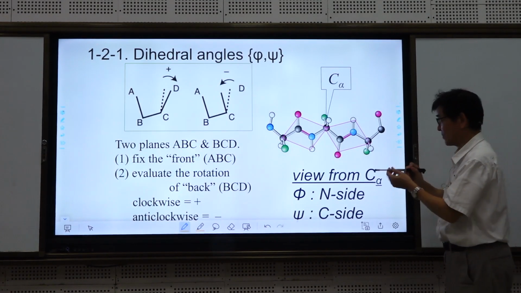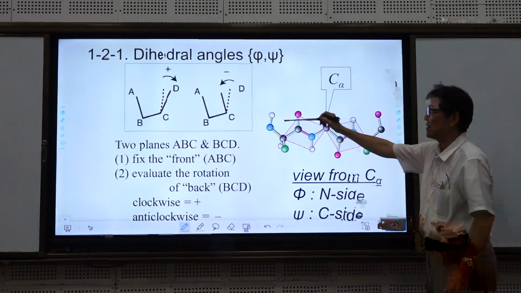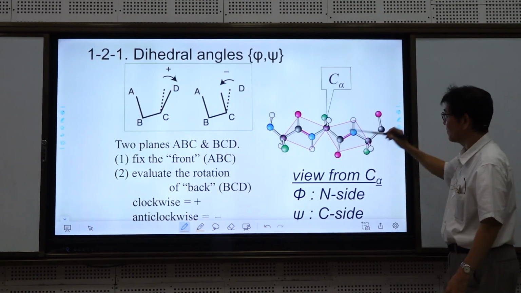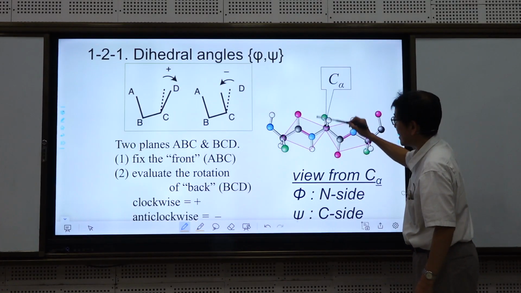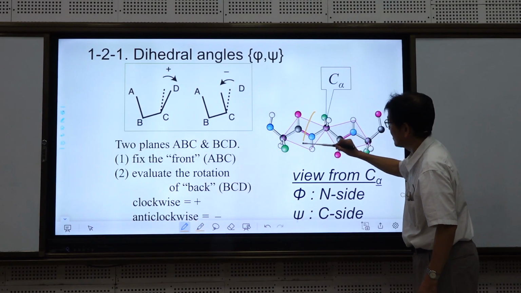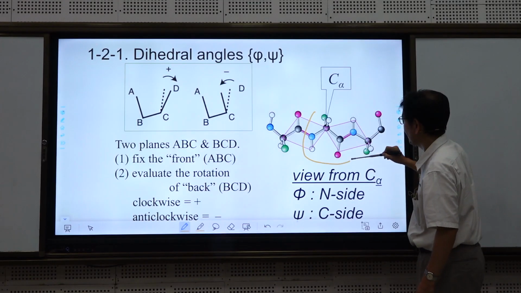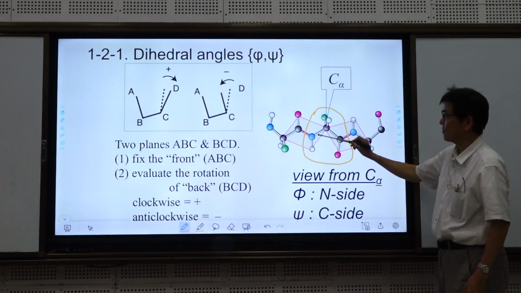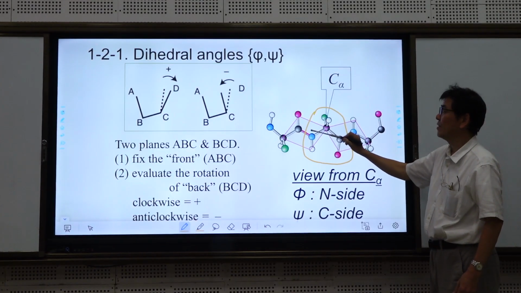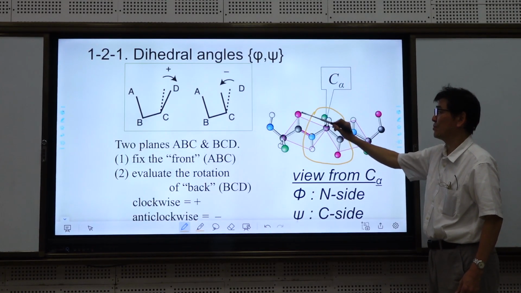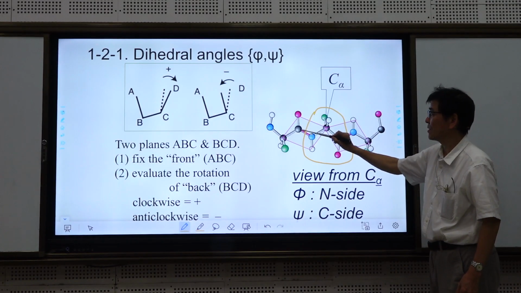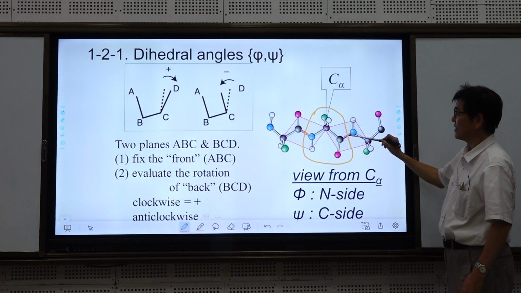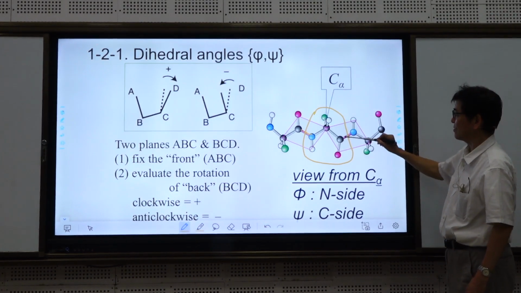And I already explained, this is the polymer that consists of amino acids. Originally, an amino acid is this part. So NH2 is covalently bound to COOH. So this bond is newly formed. COOH is bound to NH2.